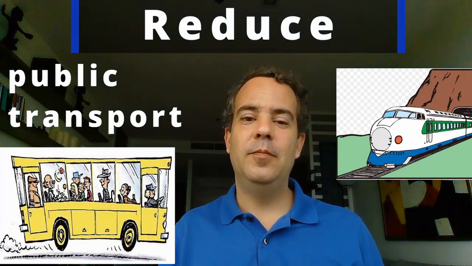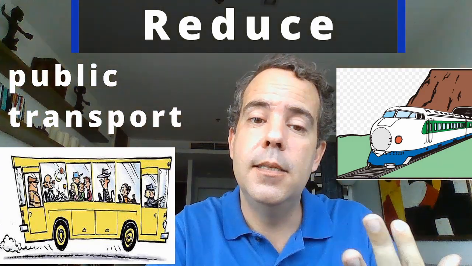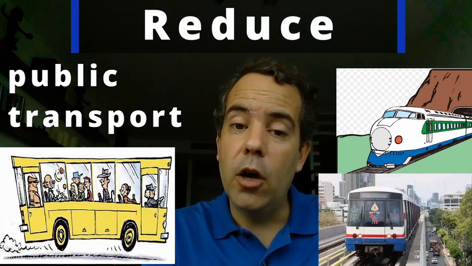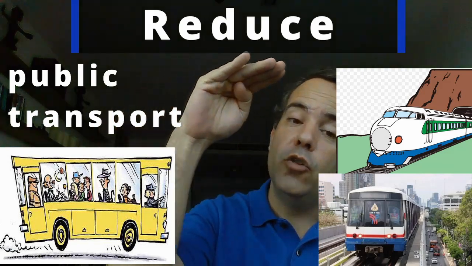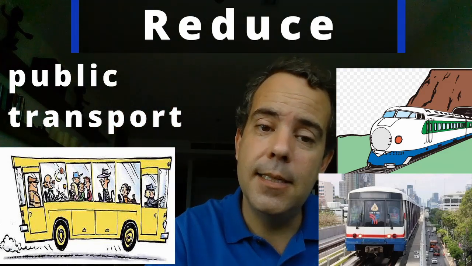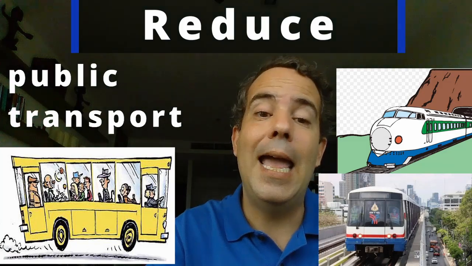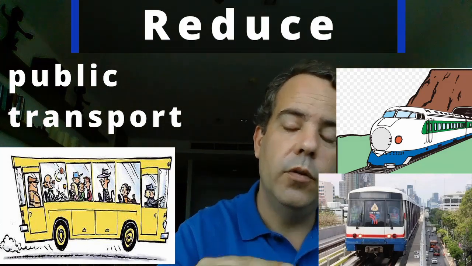Okay, very good. So remember, public transport like the bus, the train, or here in Bangkok you have the BTS, the Sky Train, the BTS, that's also public transport, and the MRT or the Metro, Underground.